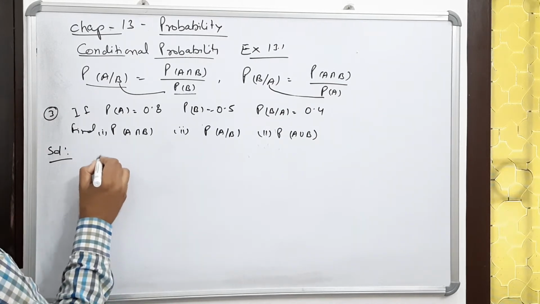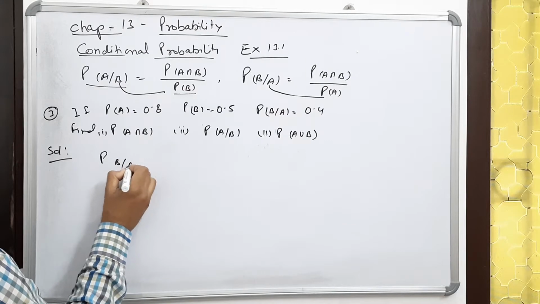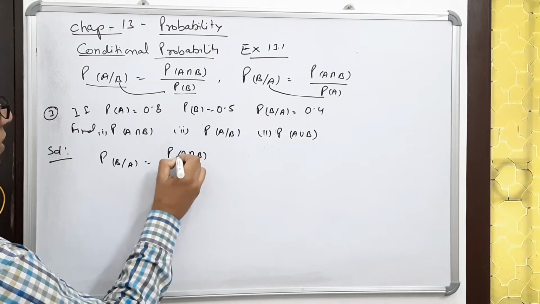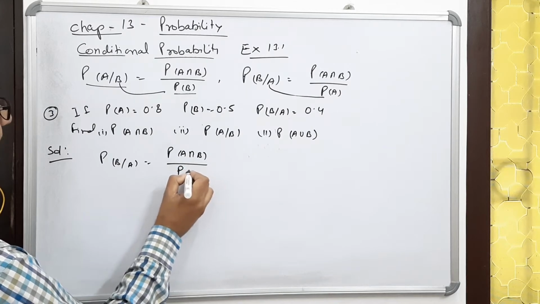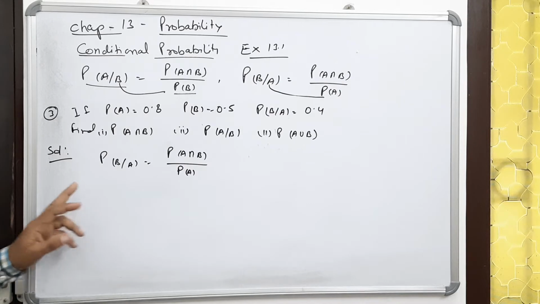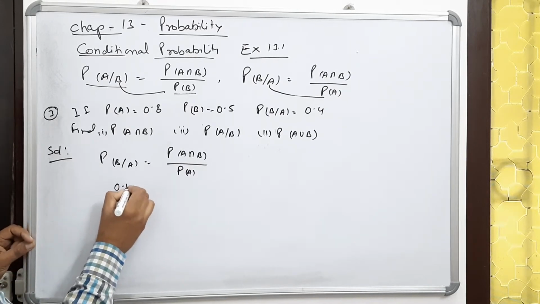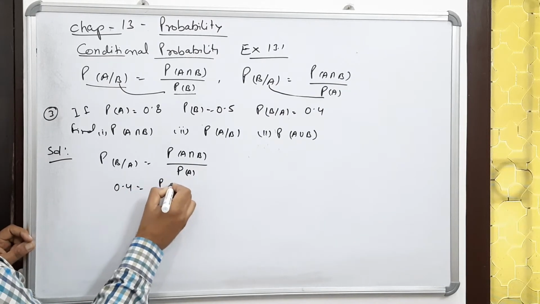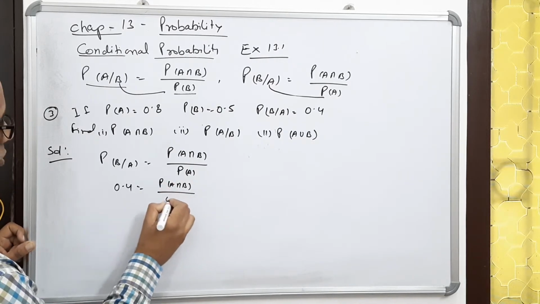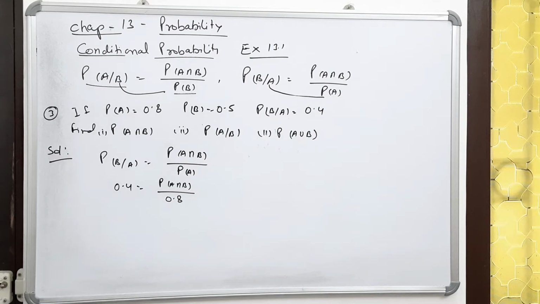Here P(B|A) is P(A intersection B) upon P(A). See this, A is down, so here it is A. So this answer is 0.4 equals P(A intersection B) upon 0.8. Please see this part.